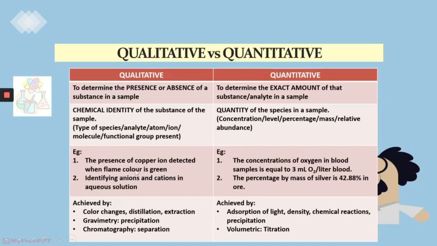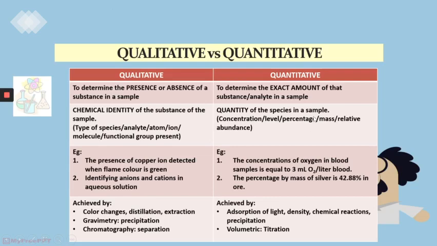If the color of the flame is green, you know it is the presence of copper. Or you might do distillation, extraction, or you might use the gravimetry method using precipitation, or you use chromatography. It is actually a separation method.